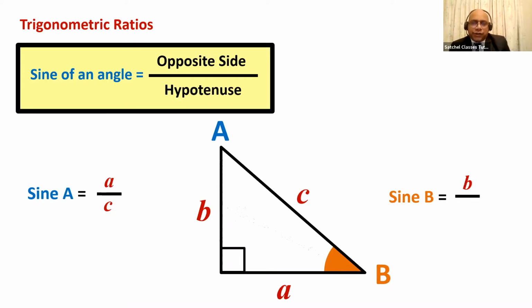And the hypotenuse, which is c, goes in the denominator, right? So while sine of A is a over c, sine of B would be b over c. Now, this is the first trigonometric ratio. Sine of an angle is also written as sin, S-I-N, in short.